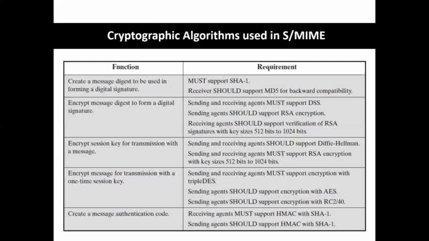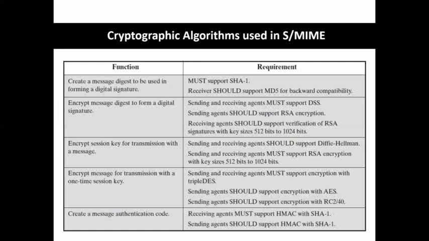That's why the sending and the receiving agent SHOULD support Diffie-Hellman. But the sending and the receiving agent MUST support the RSA encryption algorithm with key sizes 512 bits to 1024 bits. This is the MUST. That is RSA encryption. Because I am encrypting the session key.